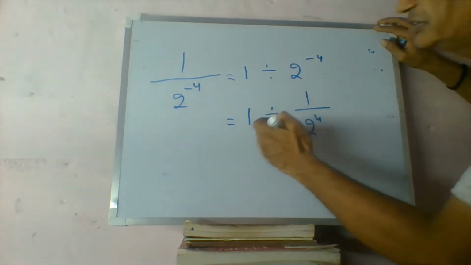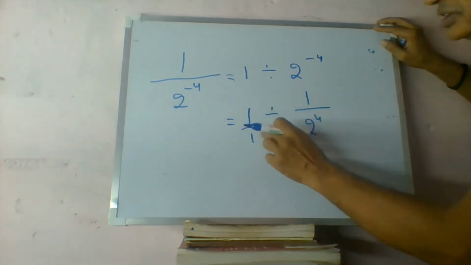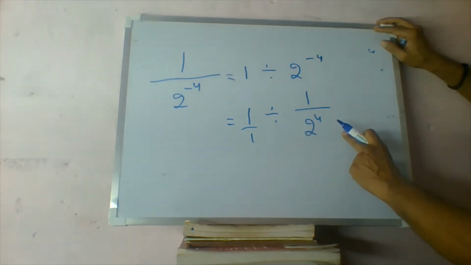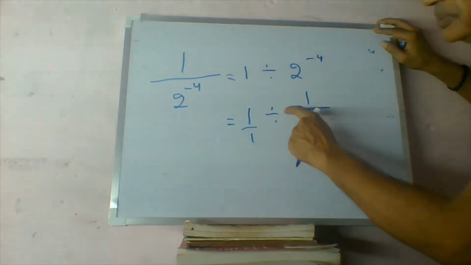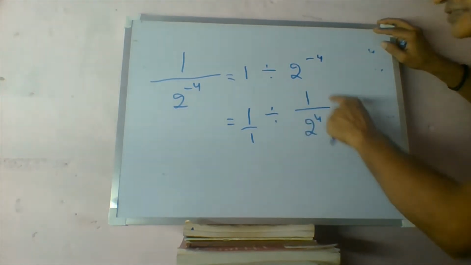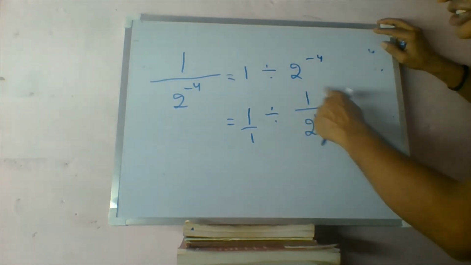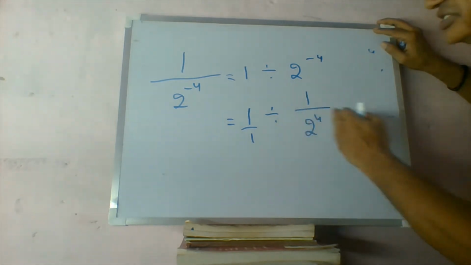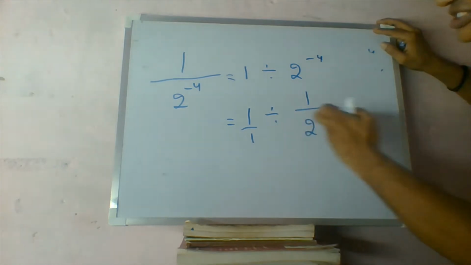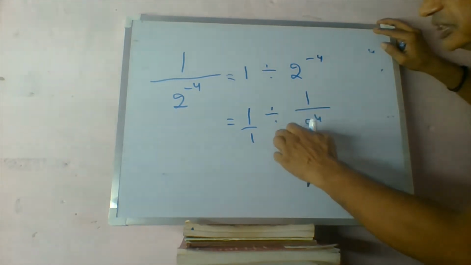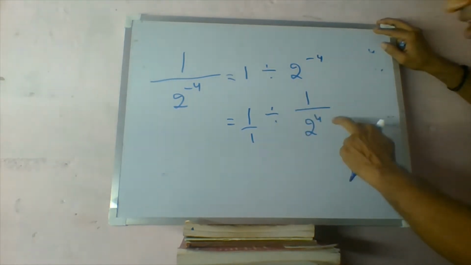Now if we have to divide a fraction with another fraction, what we do? We change this division sign to multiplication and write reciprocal of the expression that follows the division sign, not the expression before it.